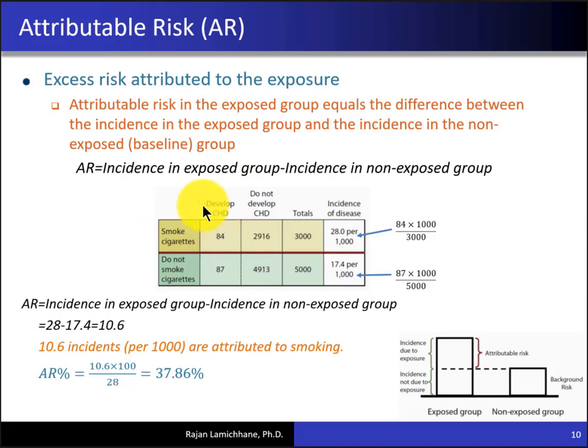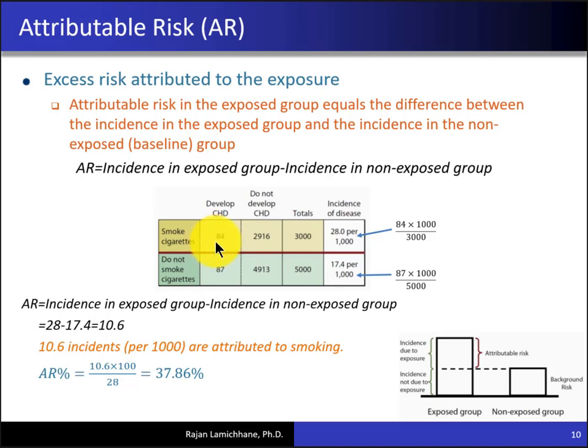Now let's see this example here. This example shows the coronary heart disease status and the smoking status. You can see smoking in the rows and the status of the coronary heart disease in the columns. Now if you want to calculate how much disease, or how much CHD, is attributable only to smoking, you can calculate the attributable risk.